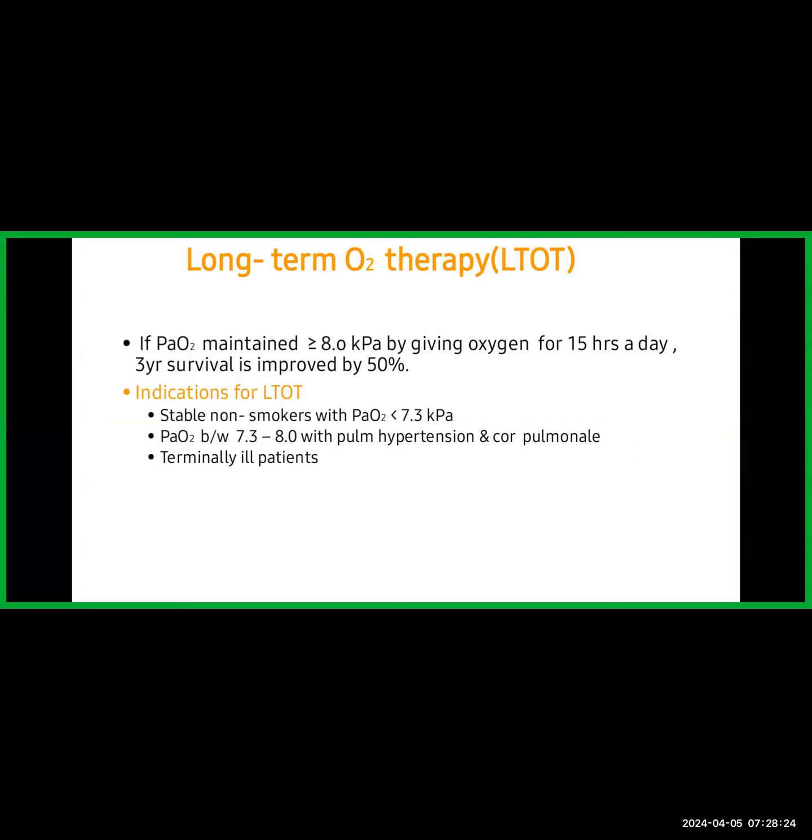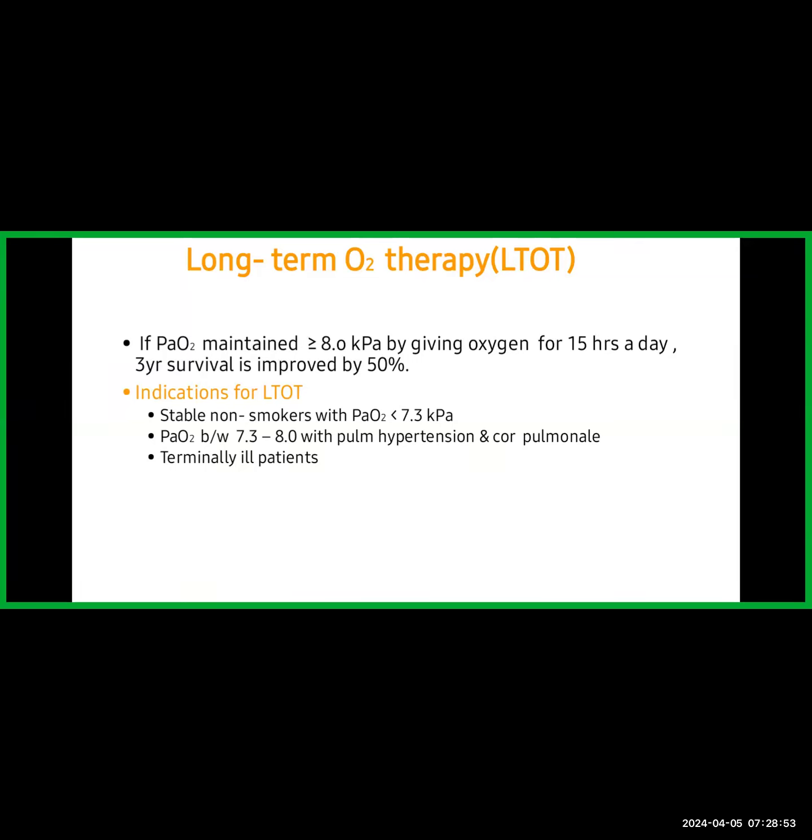So these are the indications for long-term oxygen therapy. A stable non-smoker with a normal partial pressure of oxygen, but having pulmonary hypertension, cor pulmonale, or nocturnal hypoxemia, qualifies for long-term oxygen therapy, and sometimes we consider terminally ill patients.